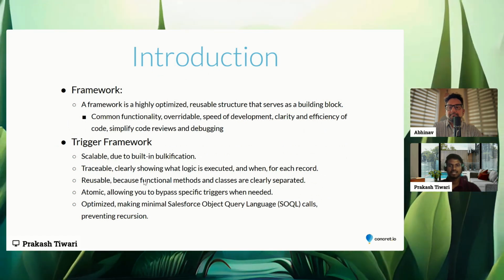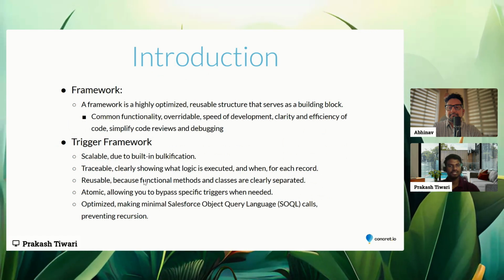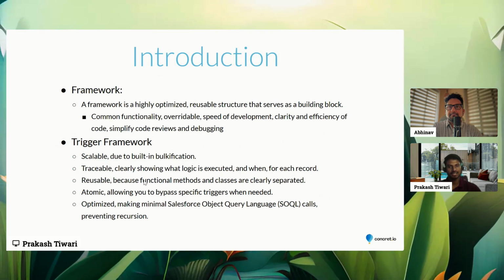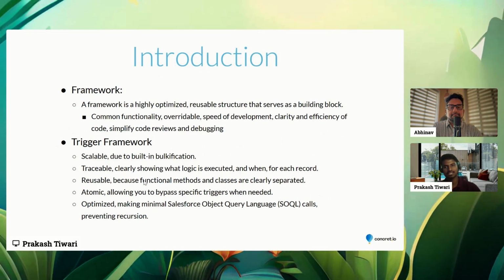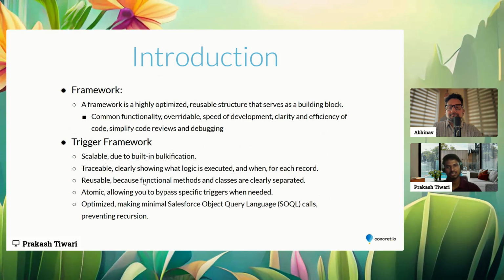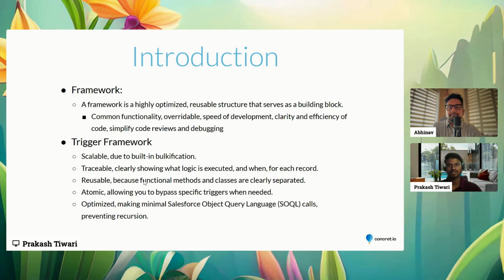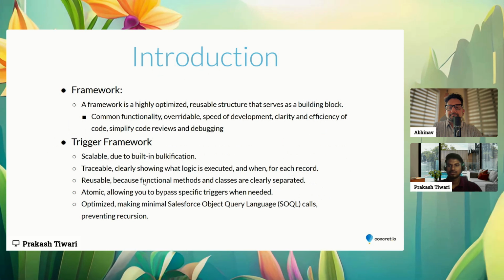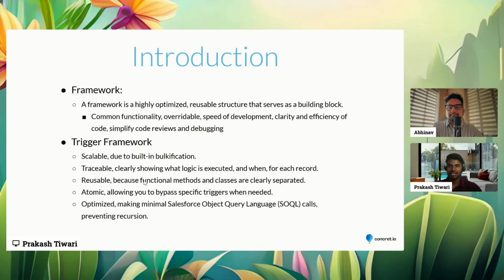So it means we have a common feature in defined places, and if needed, we can extend the common functionality as per our use case, which is known as a framework. I think we are clear on a framework.